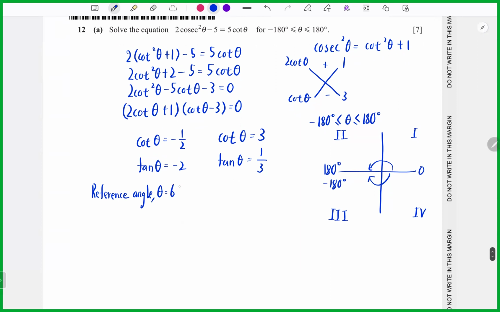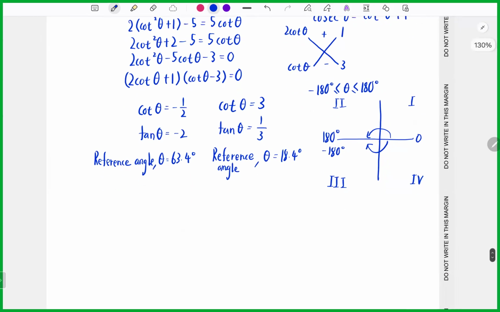Sixty 3.4. And then we look at the reference again. So we will get 18.4. Okay, let's start.